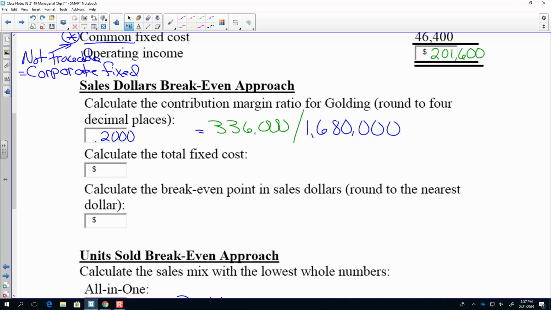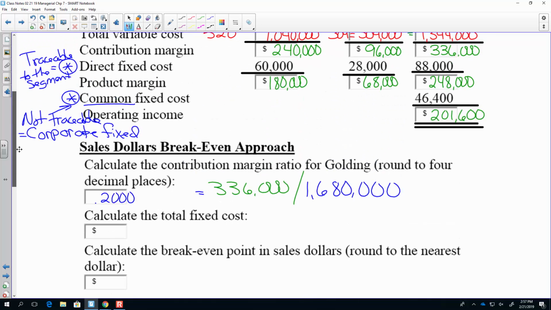They want the answer in a decimal format. So let's just put 4 zeros there. Total fixed cost is our black numbers, right? So 88,000 plus 46,400.